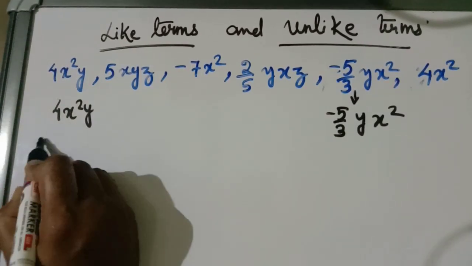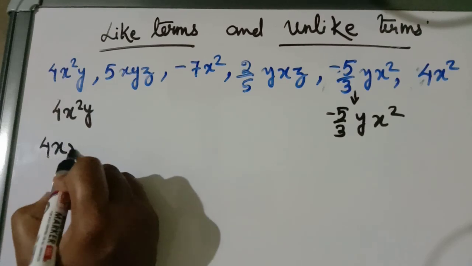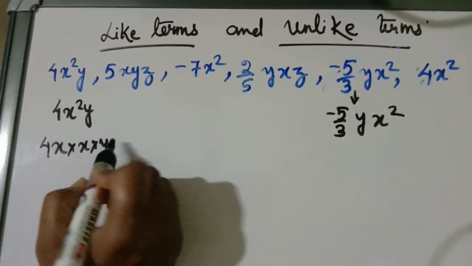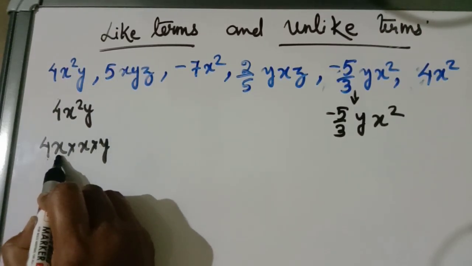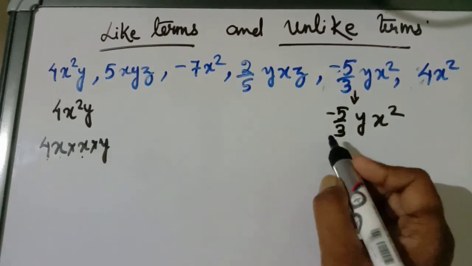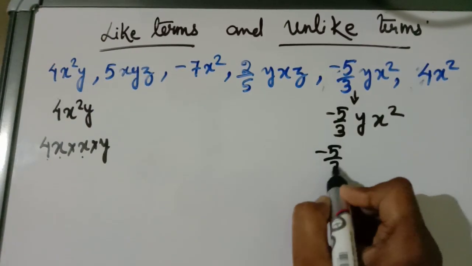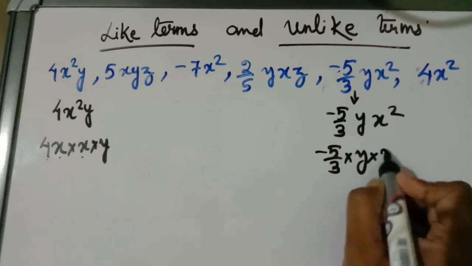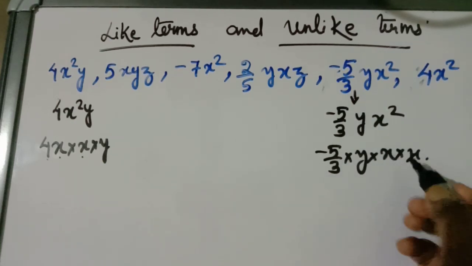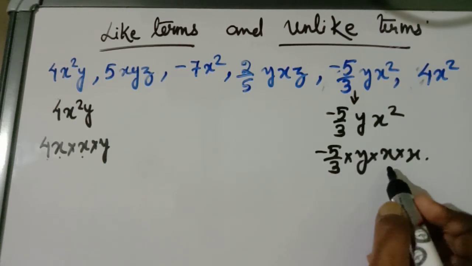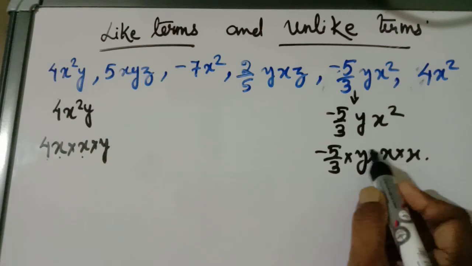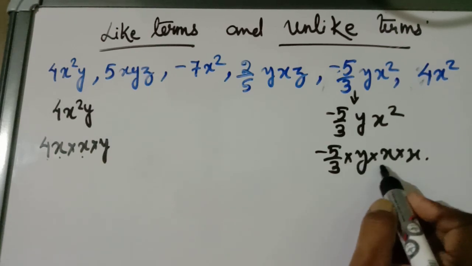Now you have to factorize this. Just factorize and find out whether they are like terms or not. Here it is 4 into x into x into y. And here it is minus 5 by 3 into y into x into x. Can I write it according to the literals? x is coming before y.